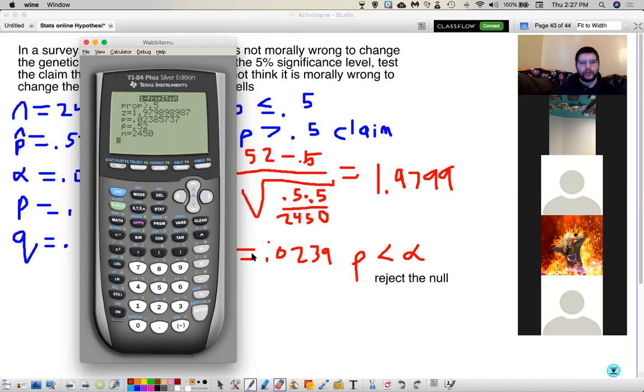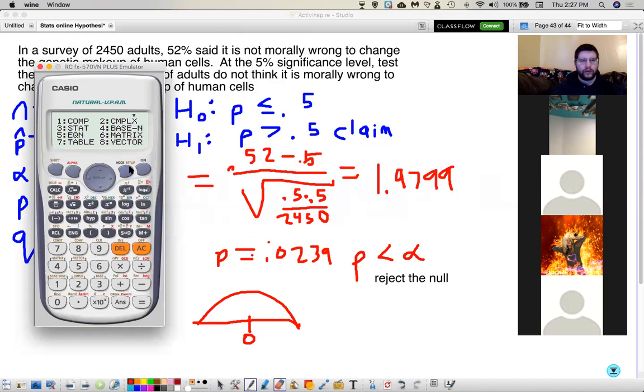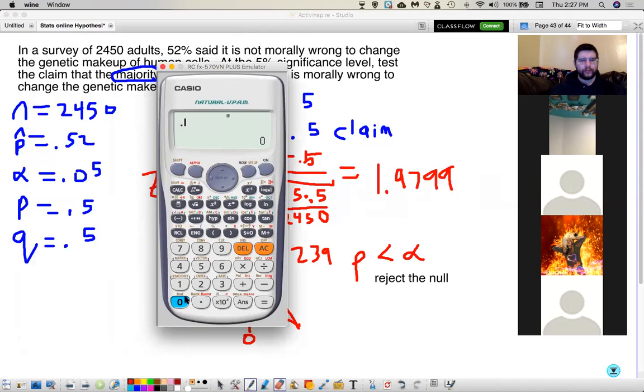But let's go ahead and do the traditional method as well. So we don't need the p-value for the traditional method. We do need the critical values though. Right tail test, so we don't cut it in half. We're going to go to inverse norm and type in our alpha value. It goes alone, 1.645.